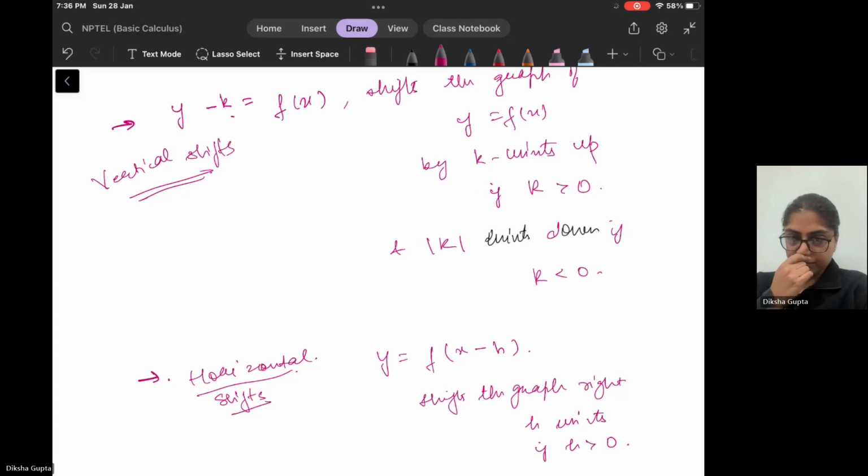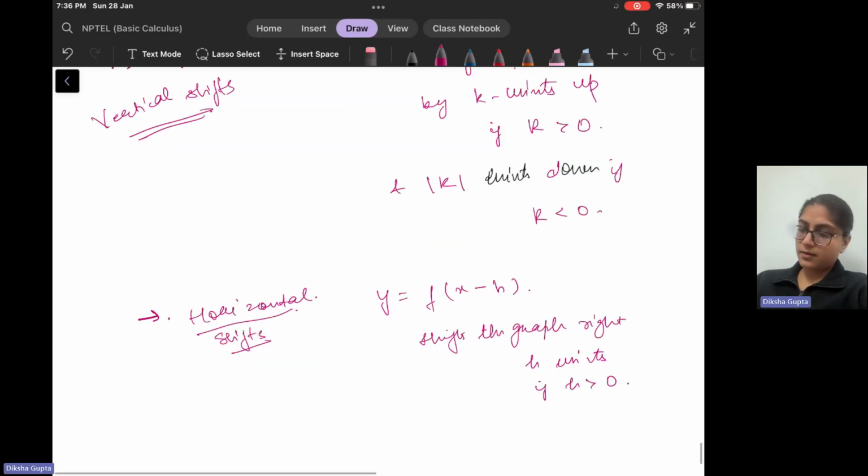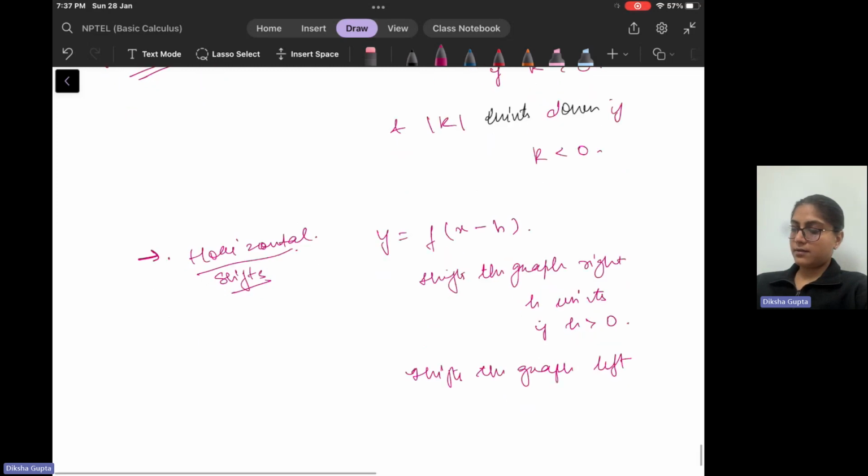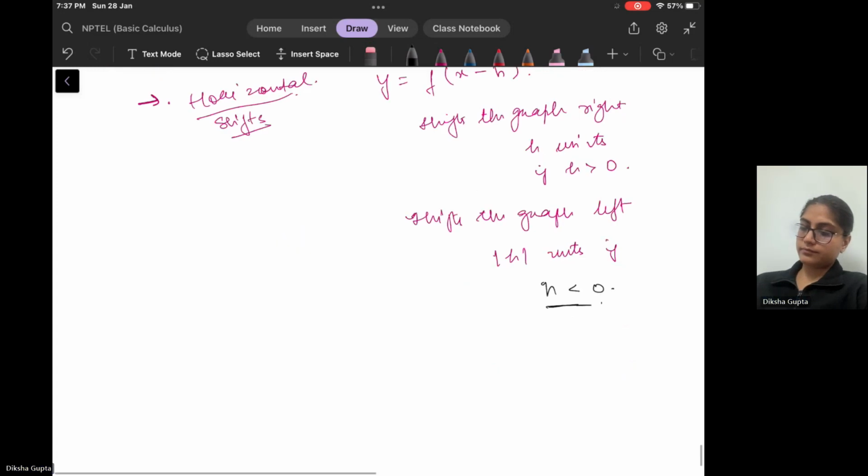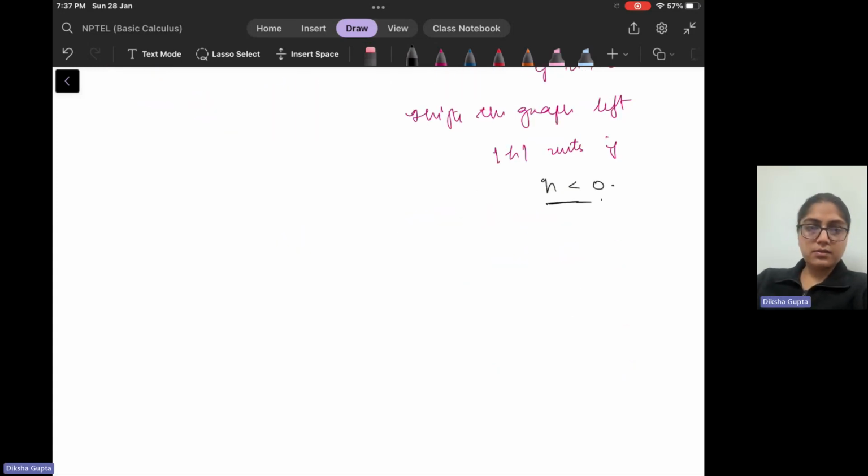Okay, so if x minus h, with h positive, right, of the graph of y equals f(x), of course, and it shifts the graph left mod h units if h is less than 0. So now we'll use this to graph some functions.